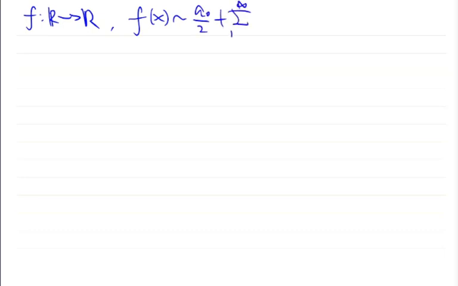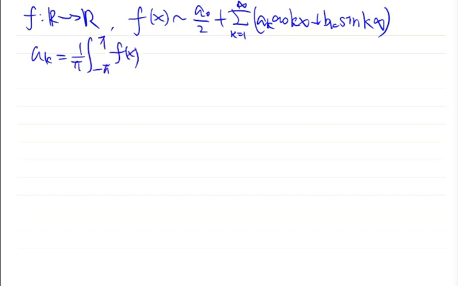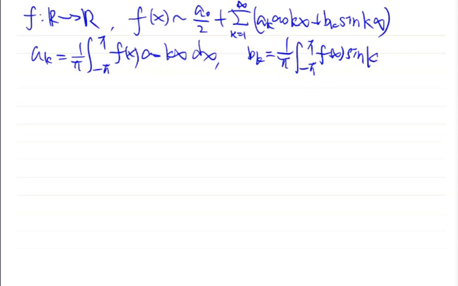In our last lecture, we introduced the Fourier series for a periodic function f: R to R. Under some condition, we can have the Fourier series of f here. a_k, b_k are the Fourier coefficients given by integration. a_k is 1 over pi integral of f(x) cosine kx dx. b_k is 1 over pi integral of f(x) sine kx dx.